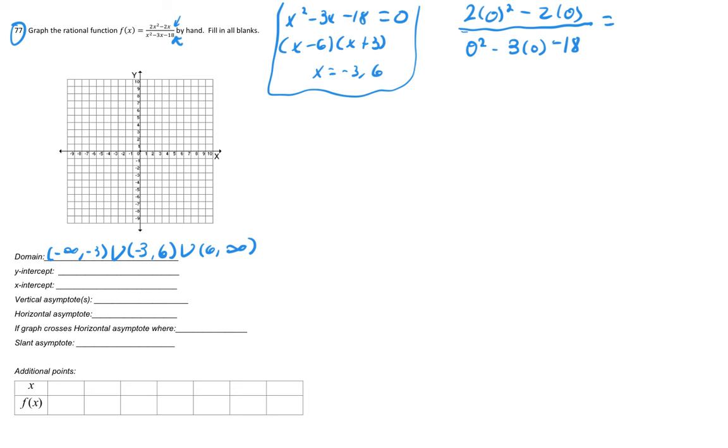Some of you might be already screaming at me going, Matt, don't you understand that the top is already 0? So it happens at 0, or the ordered pair will be 0, 0.